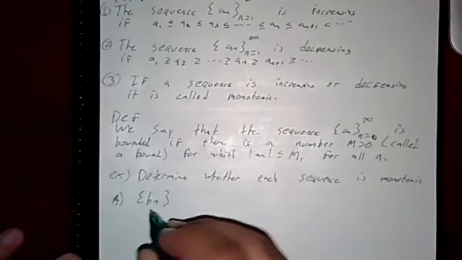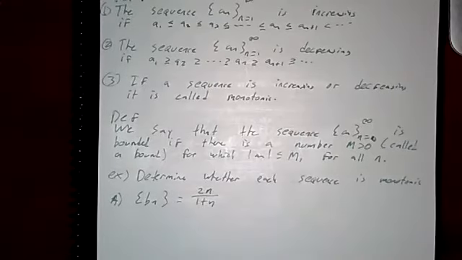B sub n is going to be 2n over 1 plus n. Ouch. Is this monotonic? And so we've got to check. It looks like it's monotonic.